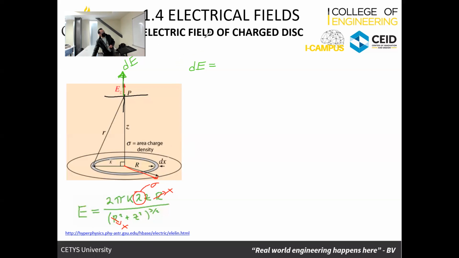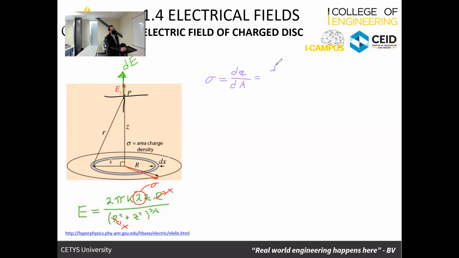And so let's organize this. Okay, so first off, we have sigma. Sigma is going to be the charge, or the differential of the charge, divided by the differential of the superficial area.